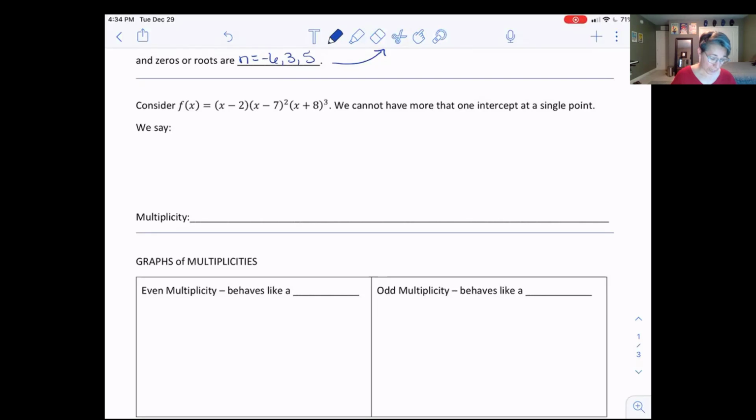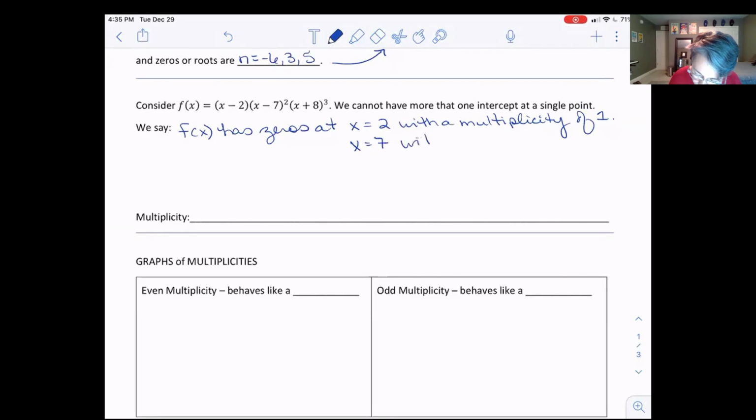So what we say is f of x has zeros at x equals 2 with a multiplicity of 1, meaning it only shows up one time in that equation. x equals 7 with a multiplicity of 2.